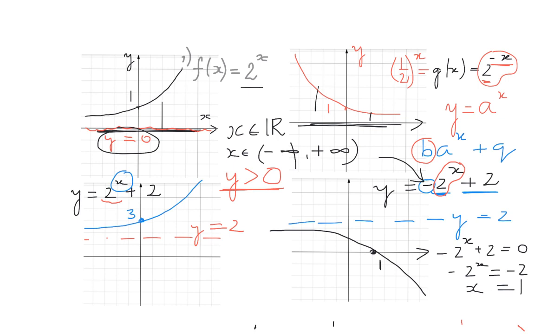How can you find the y-cut of this function? Well, in order to find the y-cut, I need to make x 0. So if I make x 0, I've got minus 2 to the power of 0 plus 2. 2 to the 0 is 1. So I've got minus 1 plus 2, and my y-cut is 1.